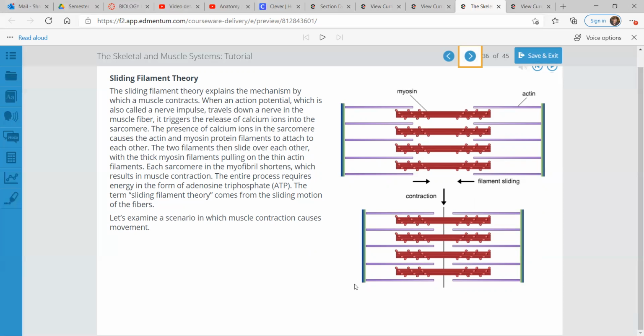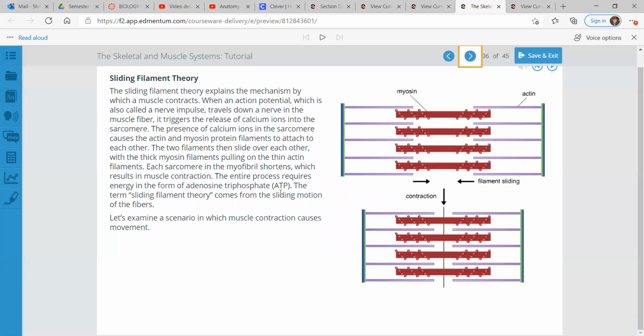When an action potential, which is also called a nerve impulse, travels down a nerve in the muscle fiber, it triggers the release of calcium ions into the sarcomere. The presence of calcium ions in the sarcomere causes the actin and myosin protein filaments to attach to each other.